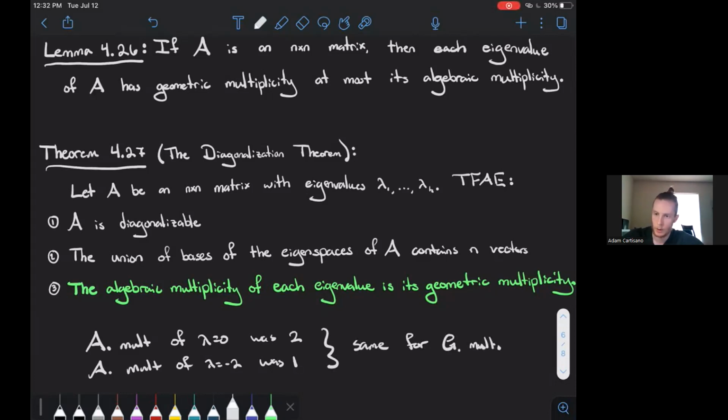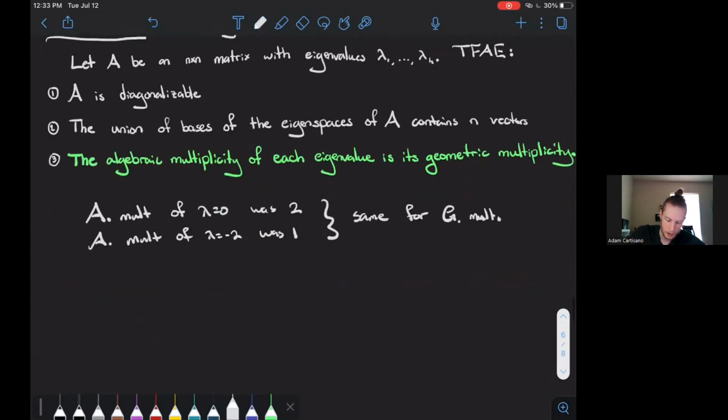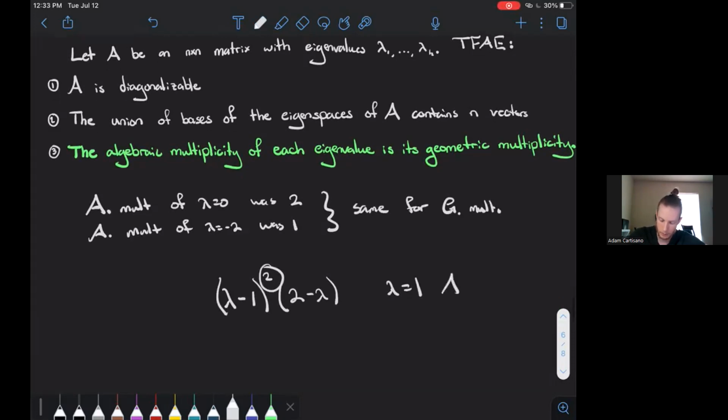For the exam, you should know how to compute the algebraic and geometric multiplicities of every eigenvalue. It's not bad. Let me remind you, the algebraic multiplicity is the multiplicity of the root of the characteristic polynomial. In other words, if you have characteristic polynomial (lambda minus 1) squared times (2 minus lambda), something like this, then lambda equals 1 has algebraic multiplicity 2, because you just look at the exponent here.